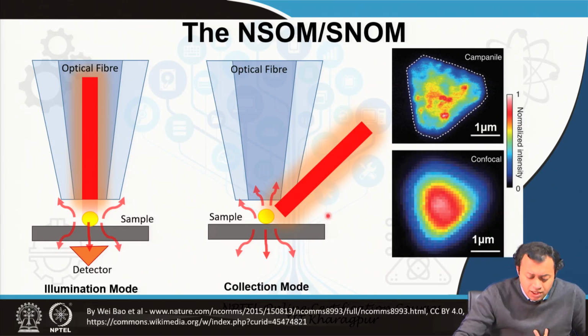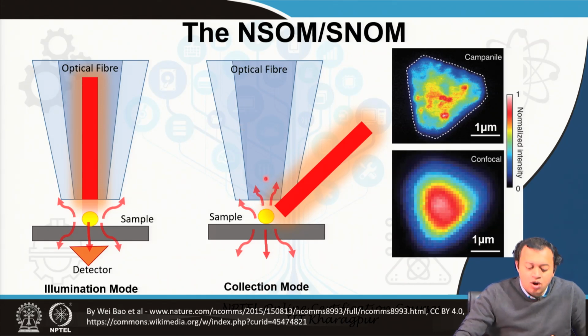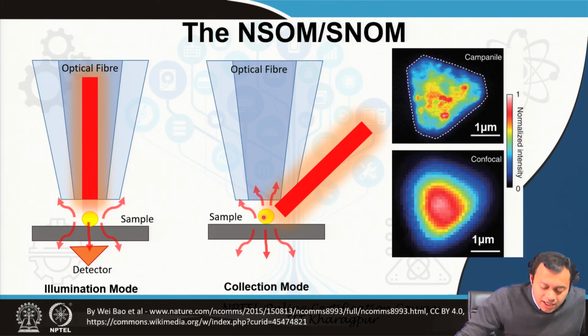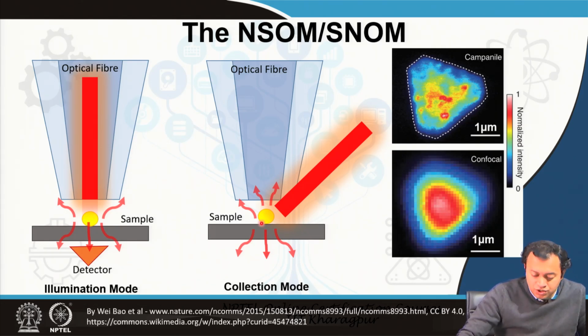There are other methods, collection mode, in which a laser light is being brought in and that illuminates the entire sample, and the optical fiber is made to come very near to the sample to collect. Previously the optical fiber was the source, sending light, and the detector was collecting any kind of information that the sample has. Now the sample can act as a source.